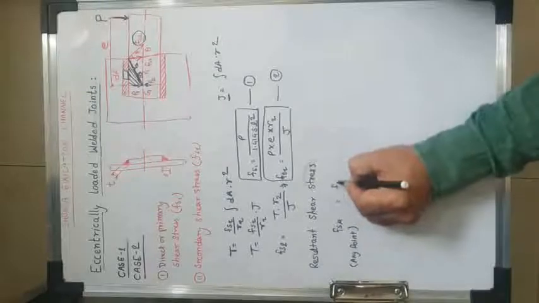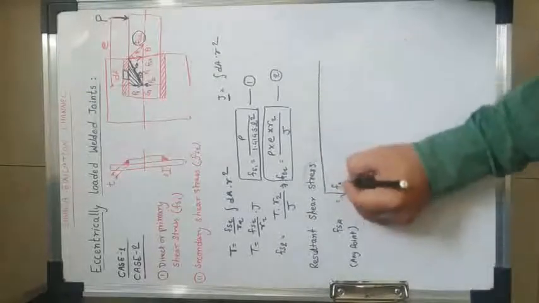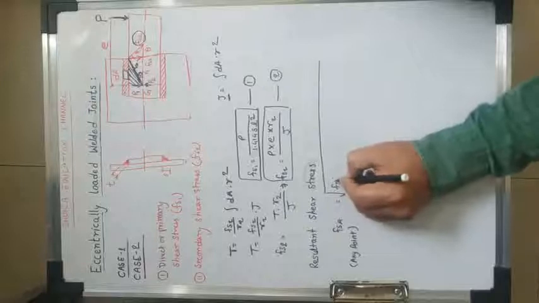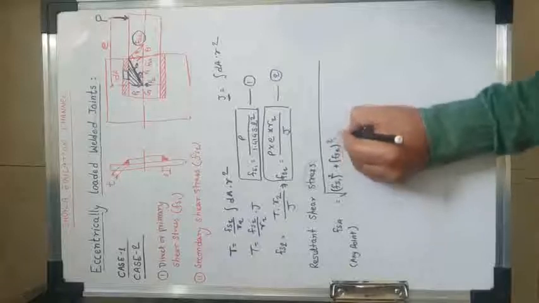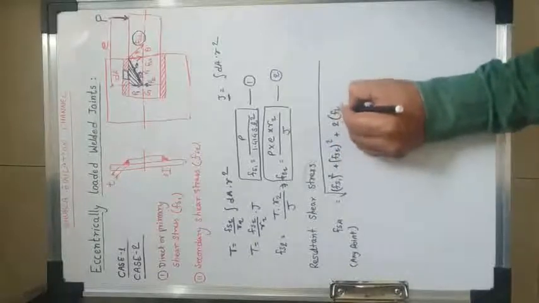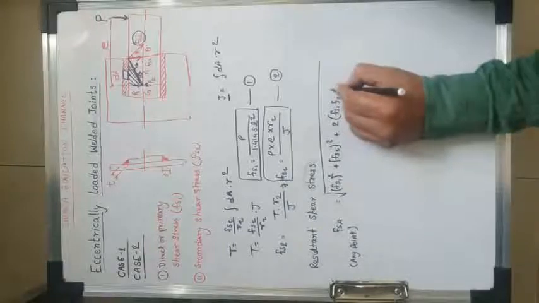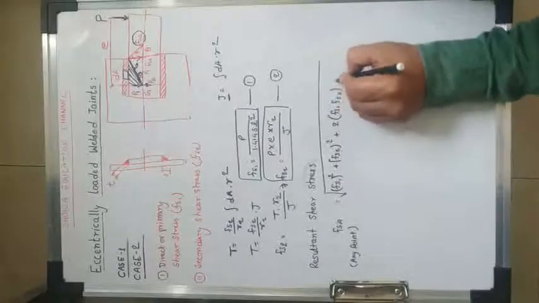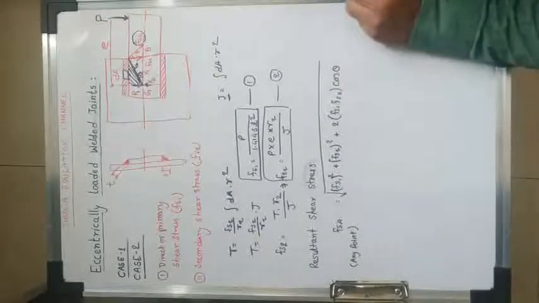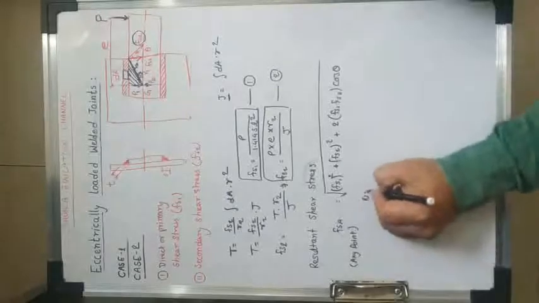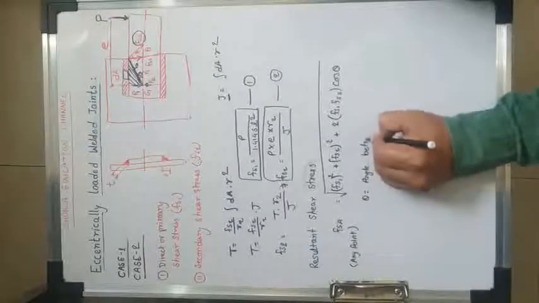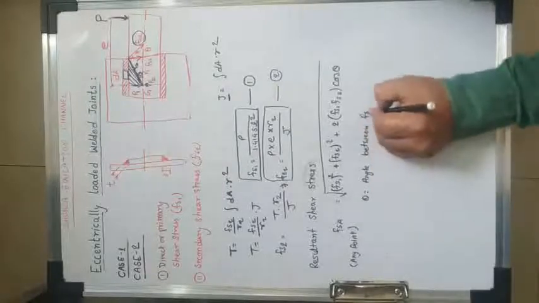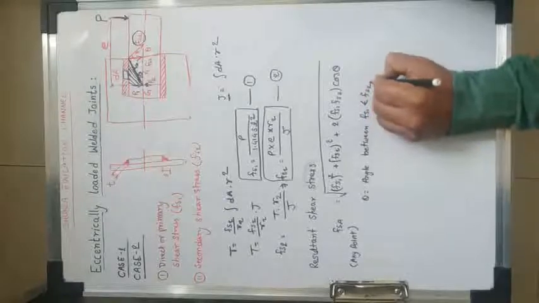Fsa is equal to simply root of Fs1 square plus Fs2 square plus 2 Fs1 Fs2 into cos theta. What is cos theta here? Theta is equal to the angle between both stresses Fs1 and Fs2.